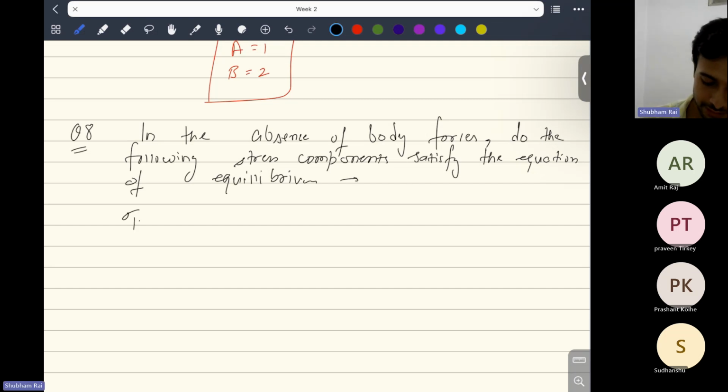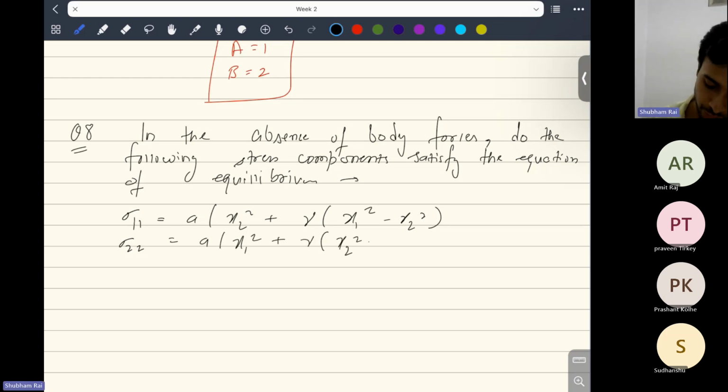The stress components are sigma 1 is equal to A x2 square plus nu times x1 square minus x2 square. Sigma 2 is A x1 square plus nu times x2 square minus x1 square. And sigma 3 is A nu times x1 square plus x2 square.